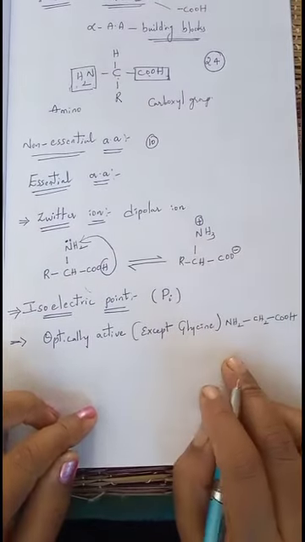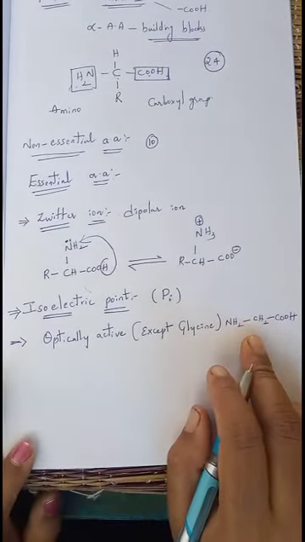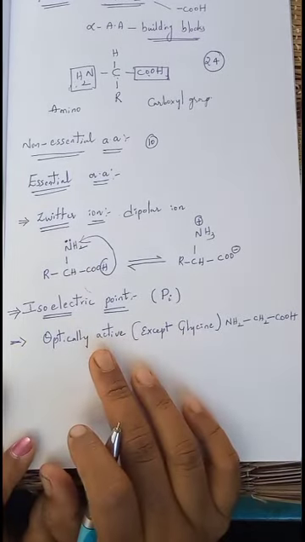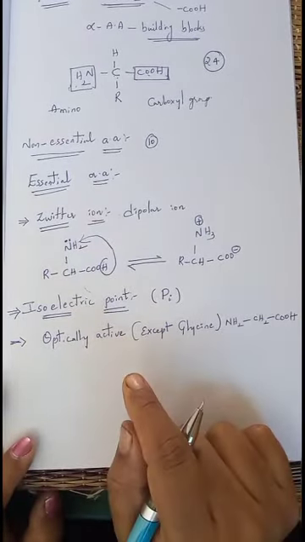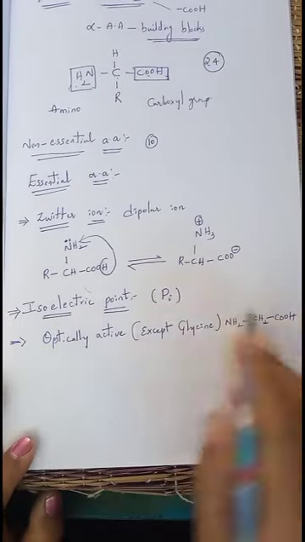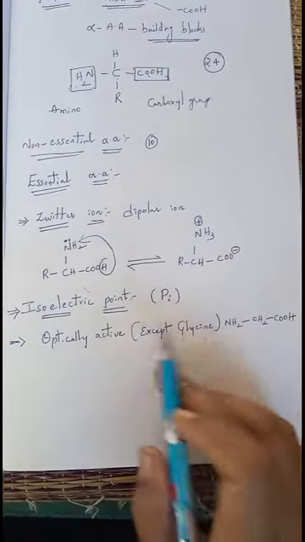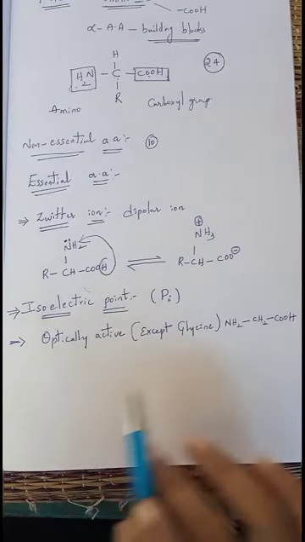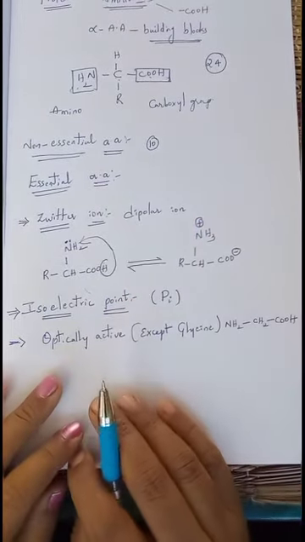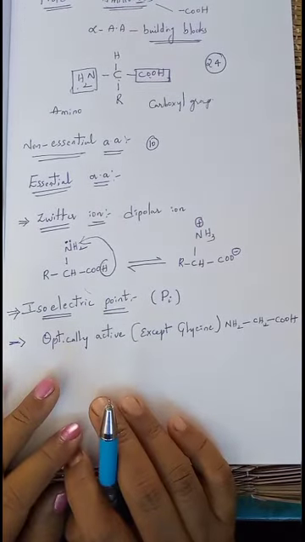There is no asymmetric carbon. Due to the absence of an asymmetric carbon, glycine does not show optical activity. To show optical activity, at least one asymmetric carbon should be present, but in glycine there is none, so it is optically inactive. Except glycine, all the remaining are optically active. So these are the important properties of amino acids.